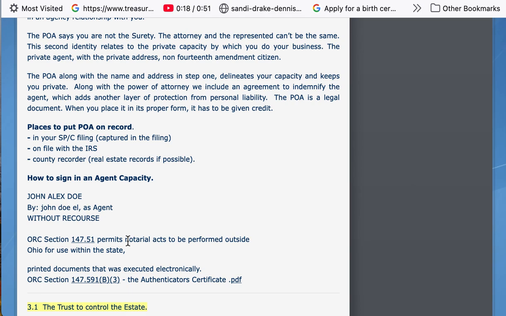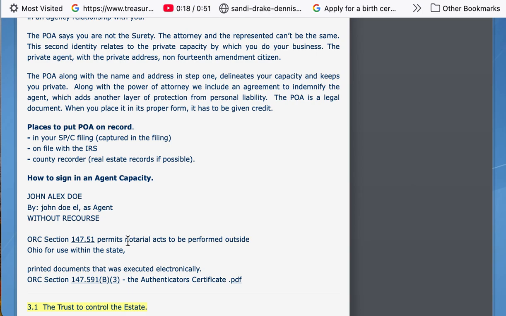Why is this important? Say, for example, you were trying to record an agricultural lien in your county that required a notarization from your county, but you're not in your county. You're on the other side of the world somewhere. Well, you can get a notarization for the purposes of that affidavit needing to be notarized in your county.